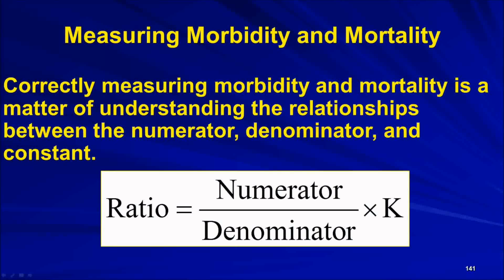Now k in this instance is a constant, and the constant is expressed in three ways. It can be expressed in regards to a unique population, a small group of population. It can be expressed in terms of the U.S. population or the world population.